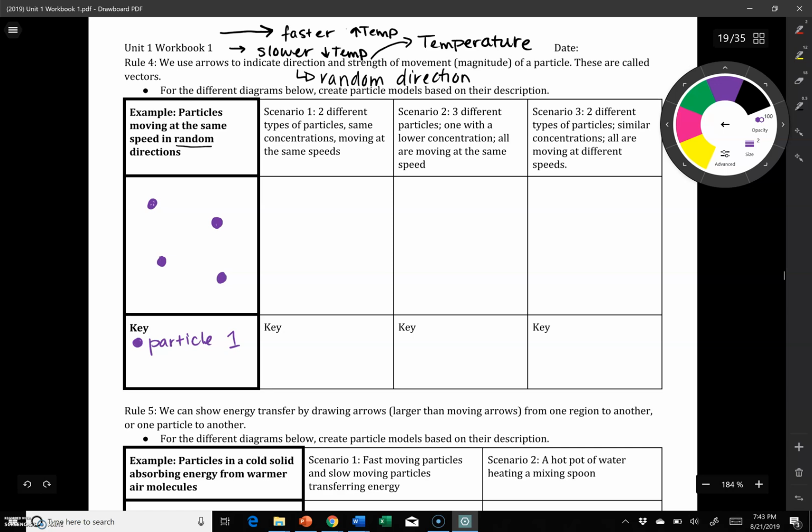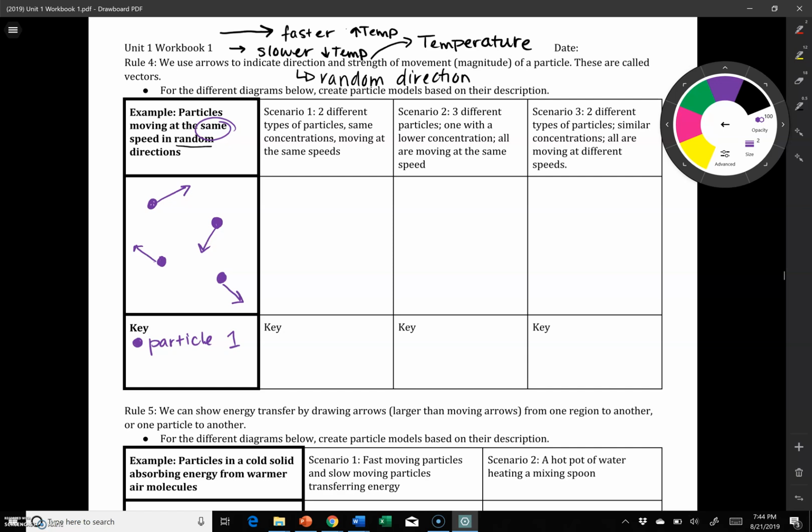And I'm going to draw arrows pointing in random directions, but they're at the same speed, so they should be about the same length. Okay, I'm not going to take a ruler and check to see if they are exactly the same length. You do not need to utilize a ruler to make sure that it is exactly the same length. You just need to make sure it looks roughly the same length.